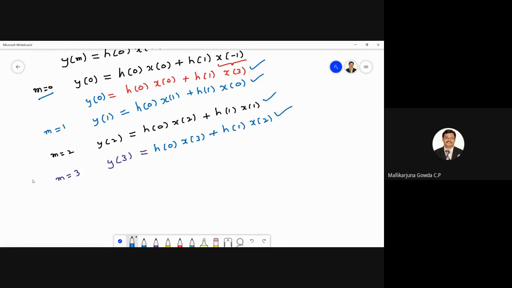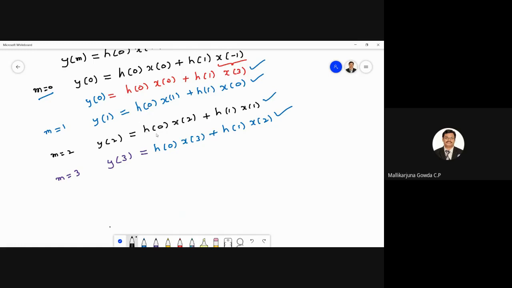Let me show how the circular convolution is happening here. I hope you people have noted these things.